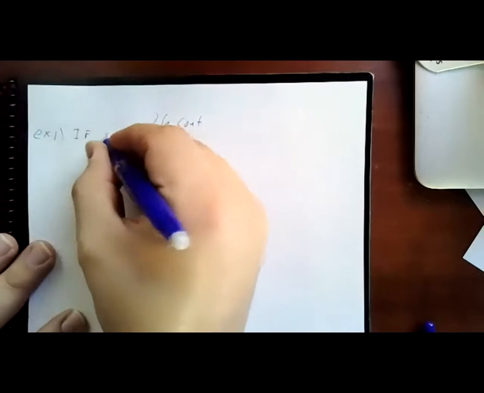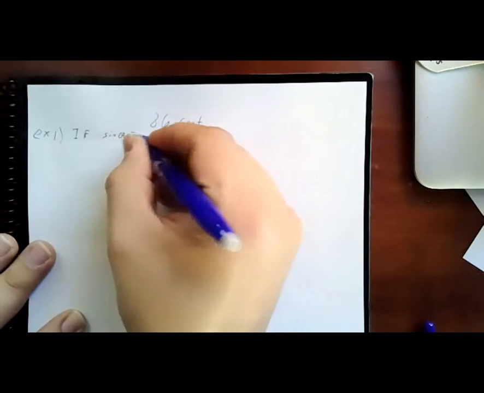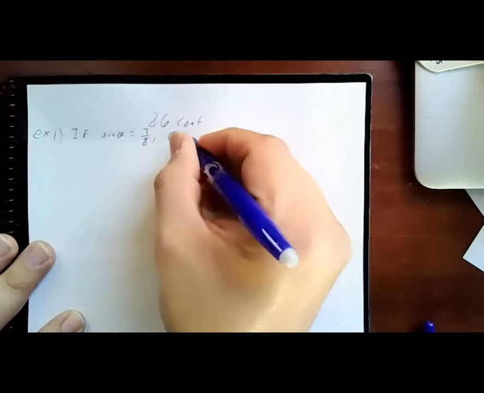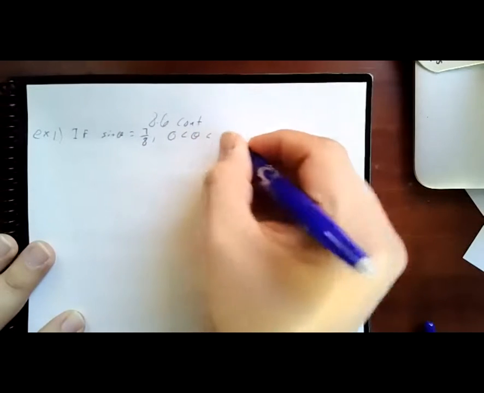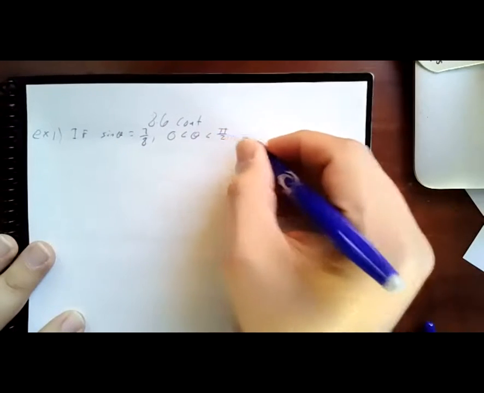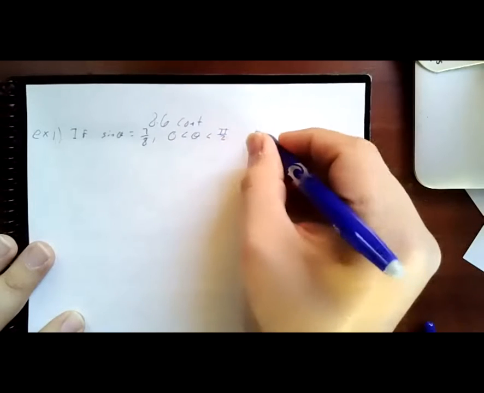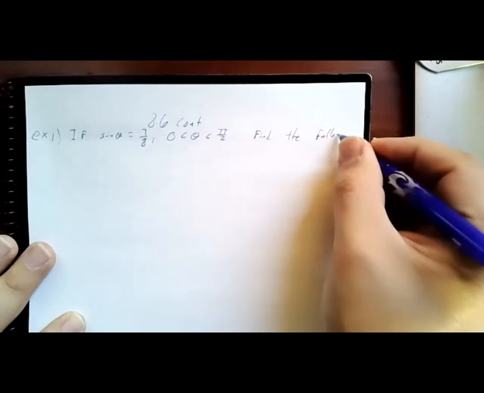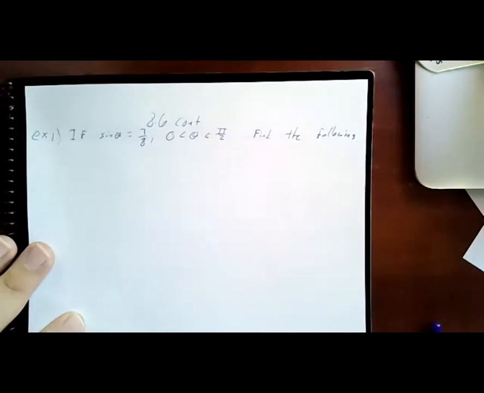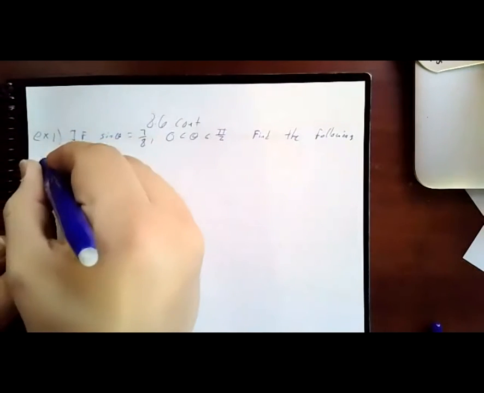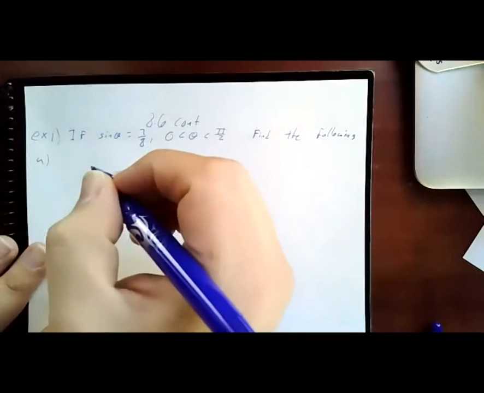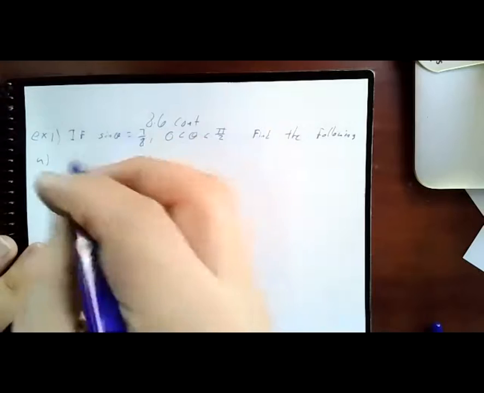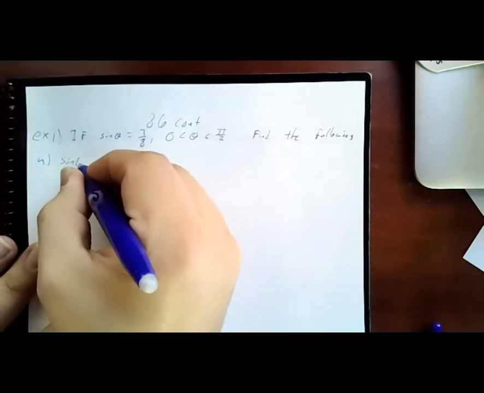So if sine theta is equal to 7/8 and theta is between 0 and pi over 2, find the following. Find sine of 2 theta.